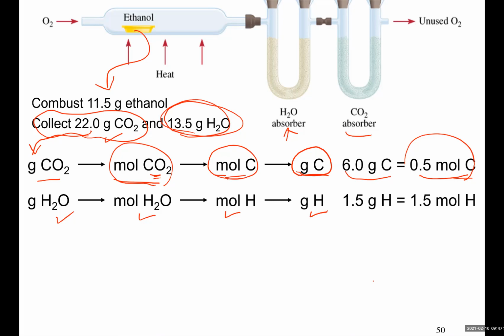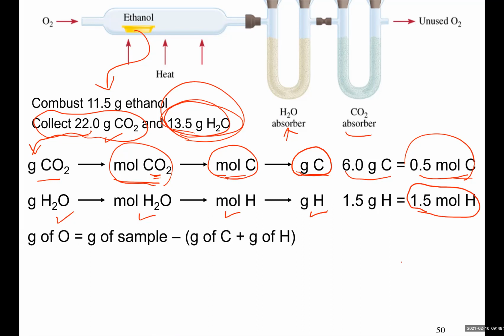And if you do these calculations, 13.5 grams of water is going to give you the information that in this structure, you have 1.5 moles of hydrogen and half a mole of carbon. That's what the calculation results to. I hope you can do the calculation on your own. Make sure you get these results. So we already know that in this structure, in ethanol, there is oxygen as well.